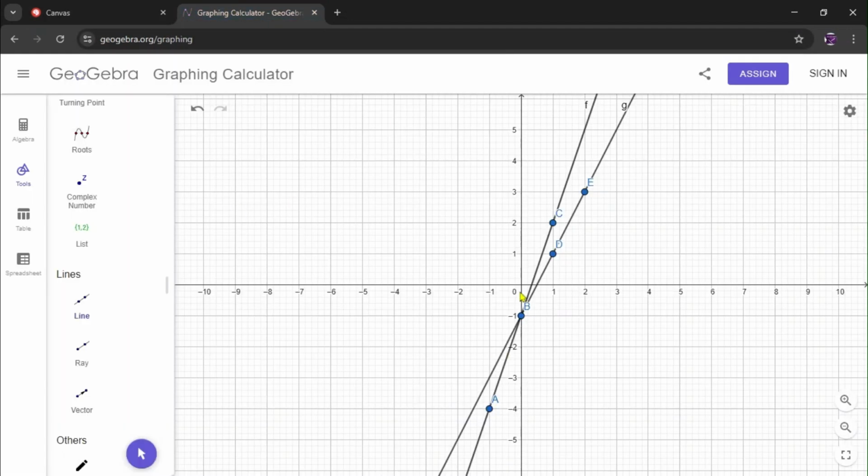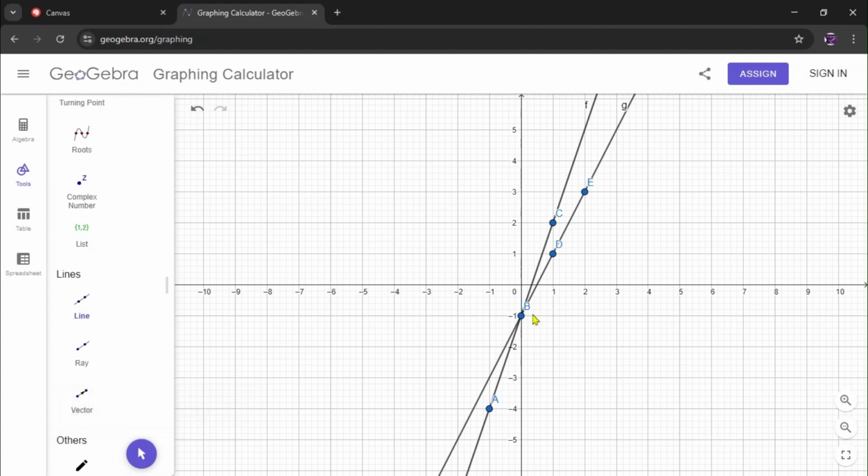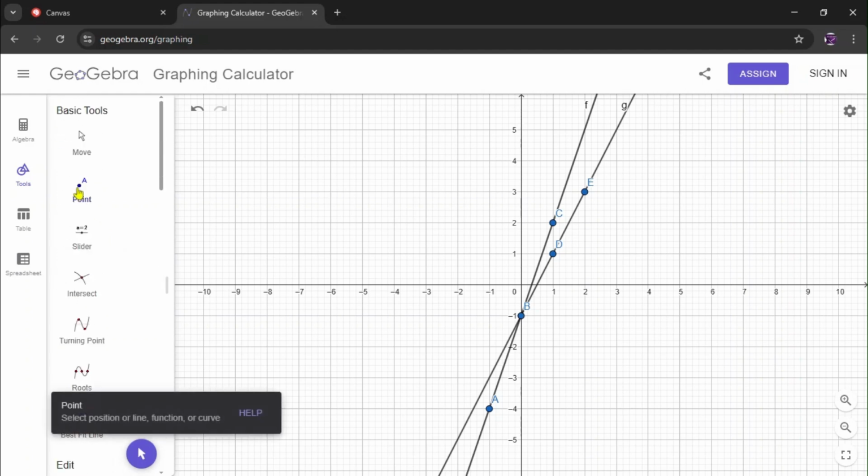We have 0, minus 1, so still falling on the same point. Now, this is just a coincidence. Don't force the line to pass exactly through this point. It depends. So the first one is passing through there.